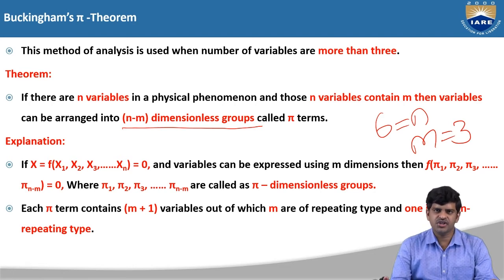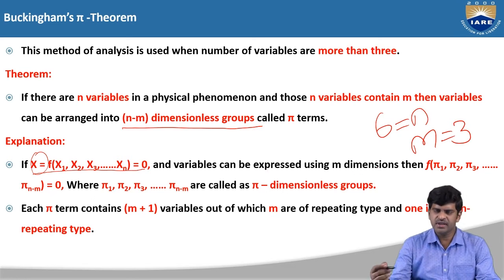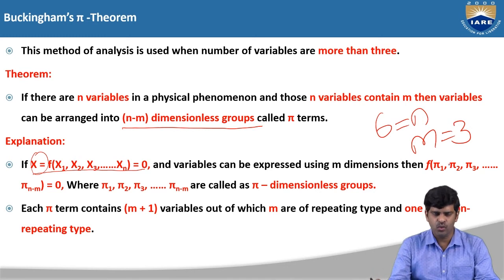Now the explanation: depending upon the number of variables, if a function has been expressed in terms of the given physical quantities, then the function, which consists of both dependent as well as independent variables, can be expressed using m dimensions, that is, f of pi 1, pi 2, pi 3 and so on.